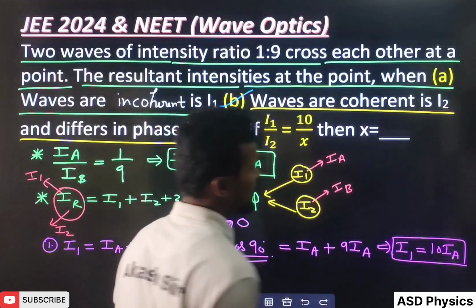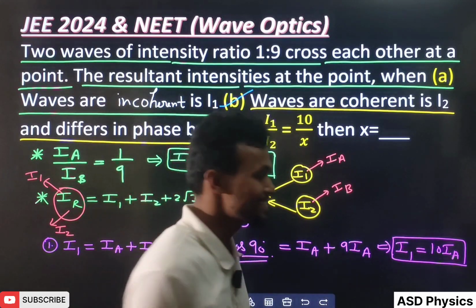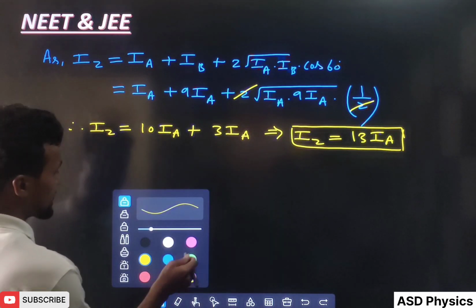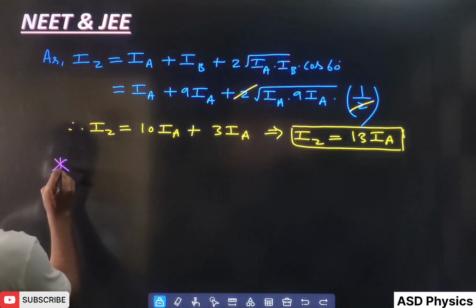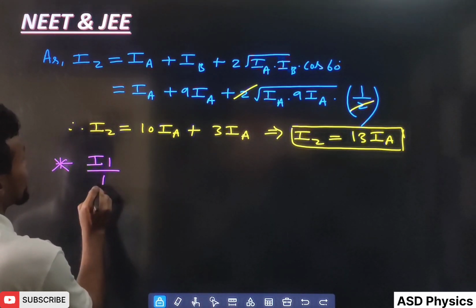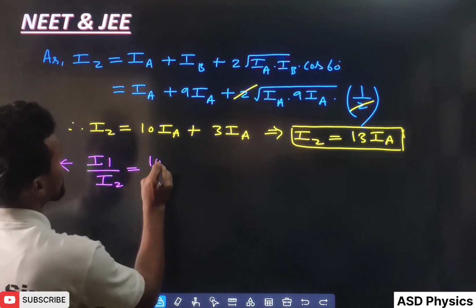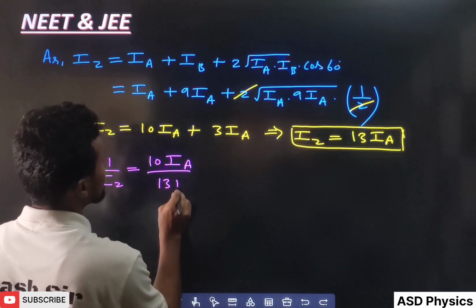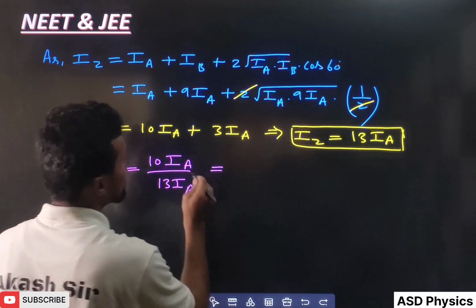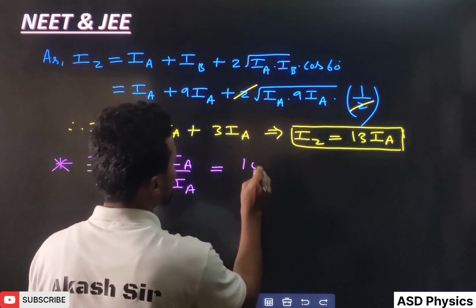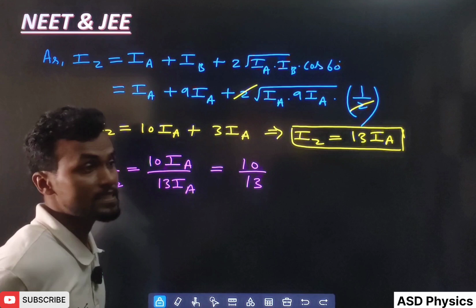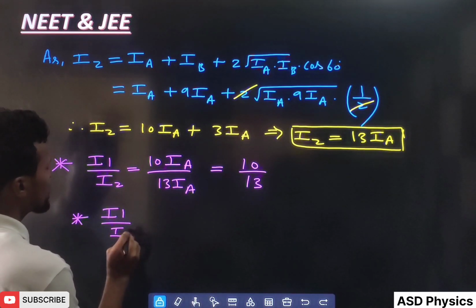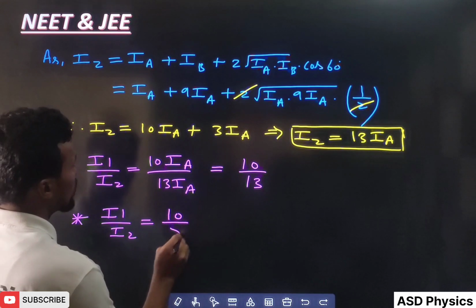Now you can see I1 is 10IA and I2 is 13IA. Taking the ratio I1 by I2, that is 10IA by 13IA, IA cancels, so it is 10 by 13. In the question they told us that I1 by I2 equals 10 by x.